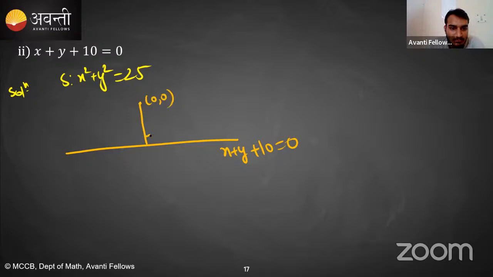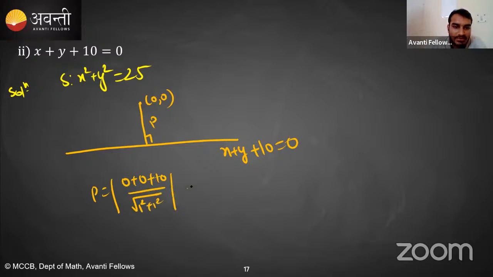What is this distance? This p is nothing but mod of 0 plus 10 upon under root of 1 square plus 1 square, which is nothing but 10 by root 2, which is 5 root 2, right?